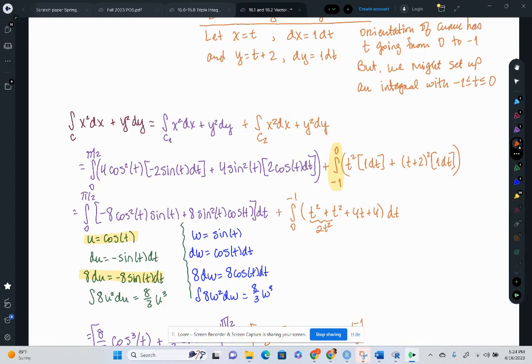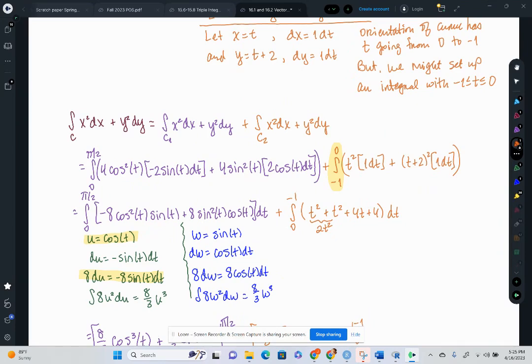We switch the bounds around, but we don't pull out a negative at the same time, because all we're doing then is balancing things out. When I switched that sign to a negative, I was doing something that we learned in Calculus 1, which is if you want to switch the bounds, you just need to put a negative out in front, and then everything stays the same. You don't end up actually changing your sign.